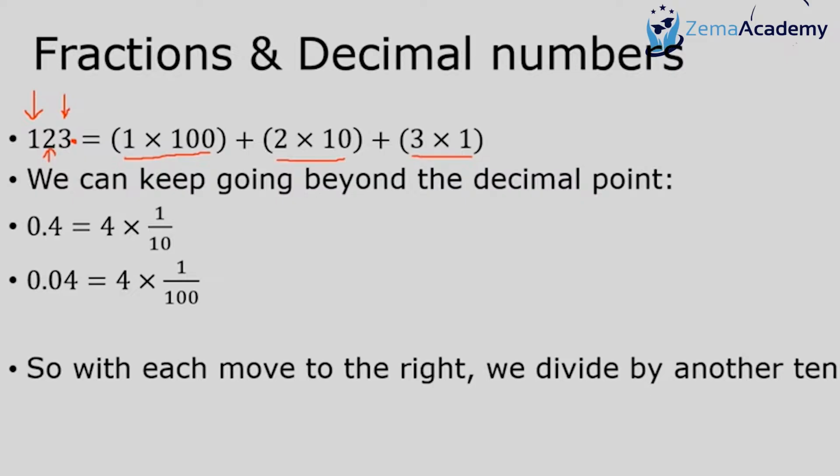So for example, here I have 0.4, and I can write that as 4 times 1 over 10. Obviously, I could then write that as a fraction, which would be 4 over 10.